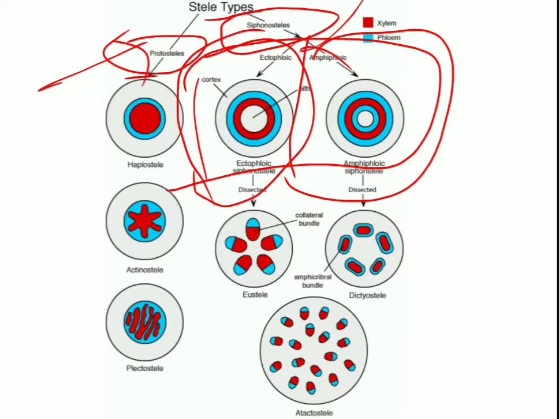In ectophloic stele, pith is present. You can see the middle white portion is the pith, the red portion is the xylem, and the blue portion is the phloem.